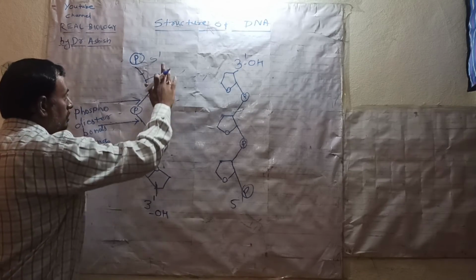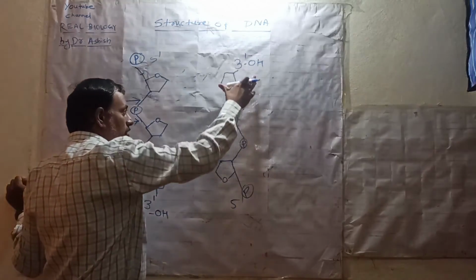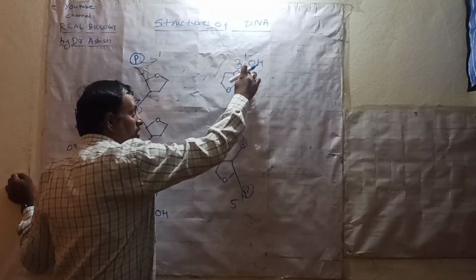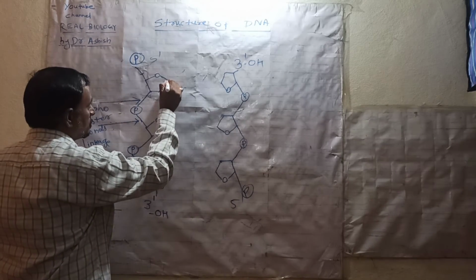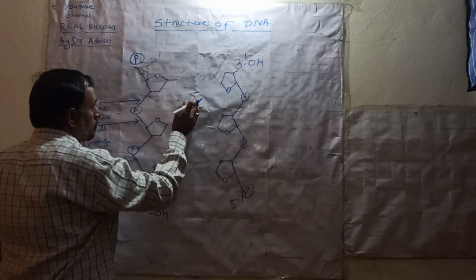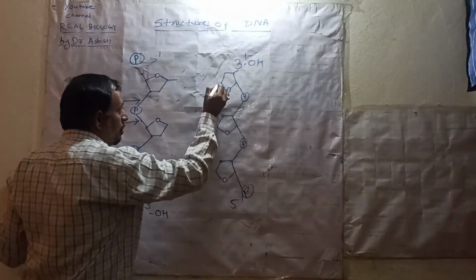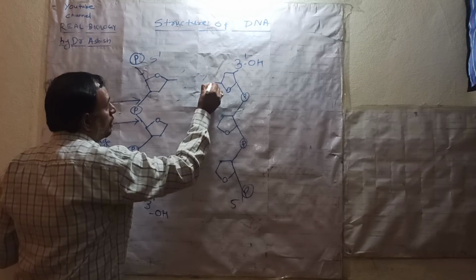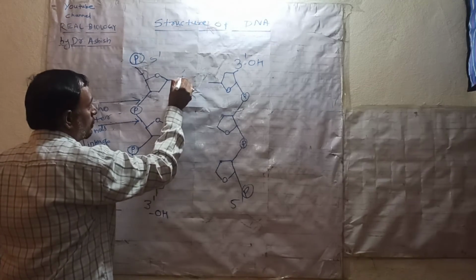This one runs in the 5 prime to 3 prime direction, and this strand runs in the opposite direction, 3 prime to 5 prime. They attach with the bases using the first carbon. Whatever the strand, left side or right side, the first carbon of sugar is always joined with bases.